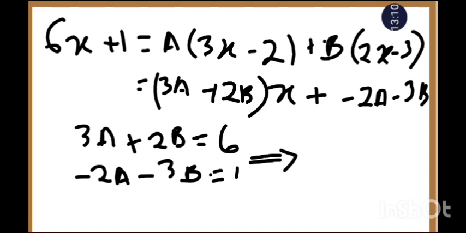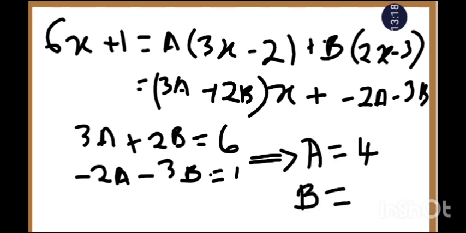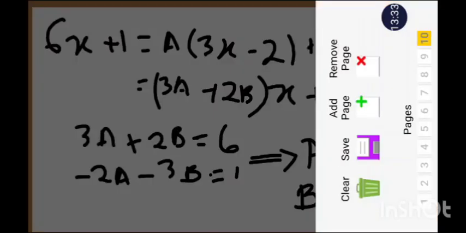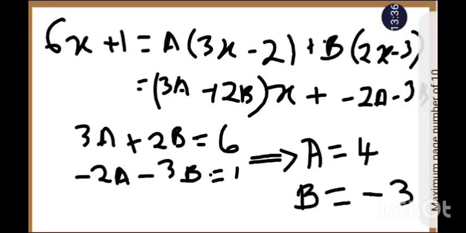When we solve this simultaneously using a method of our choice, a will give us 4 and b will give us negative 3. So we are now able to write the integral as partial fractions.